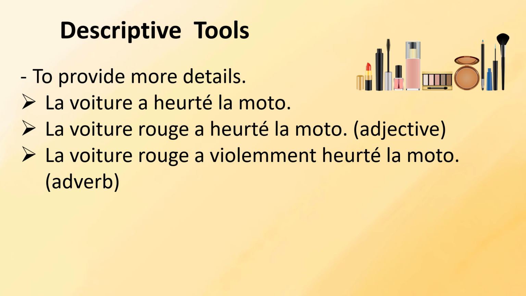So description is very important, especially when you want to write a story. If you have to write some news, this is how you can make your writing more interesting by adding adjectives and adverbs.